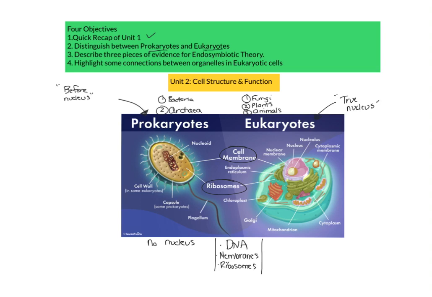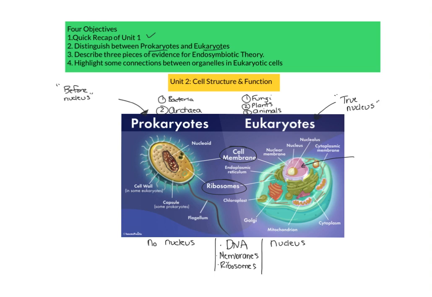You can see we have DNA in the prokaryote, but there's no membrane surrounding that DNA. But in a eukaryote, the DNA is stored inside the nucleus right here. So the first major difference is that eukaryotes have a nucleus, but prokaryotes do not.